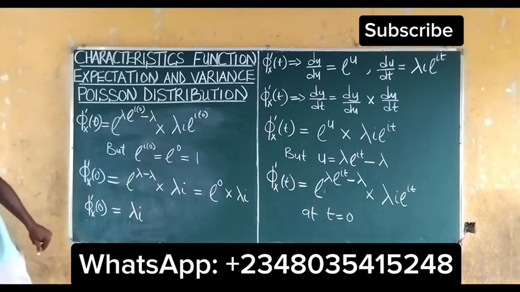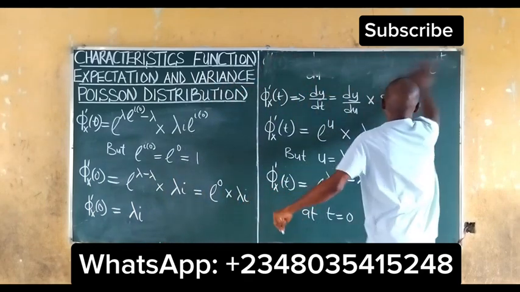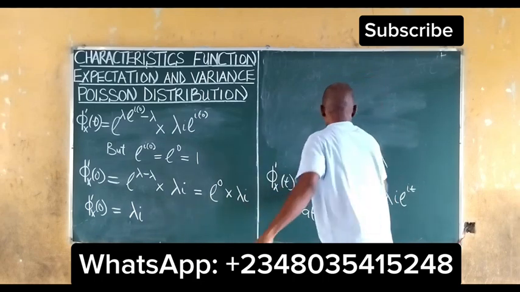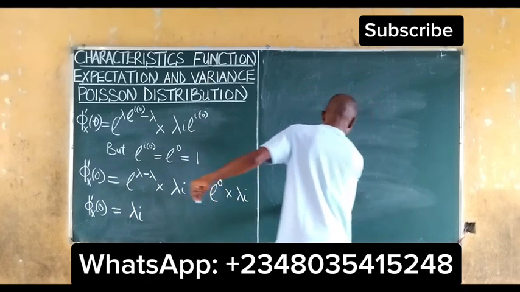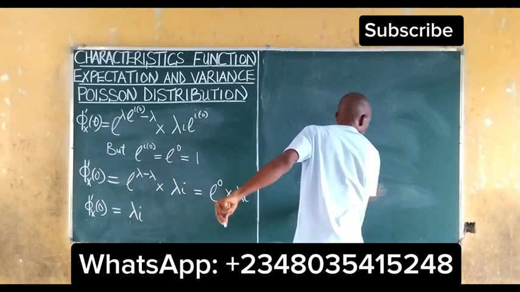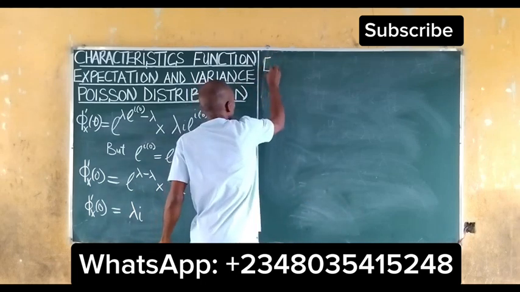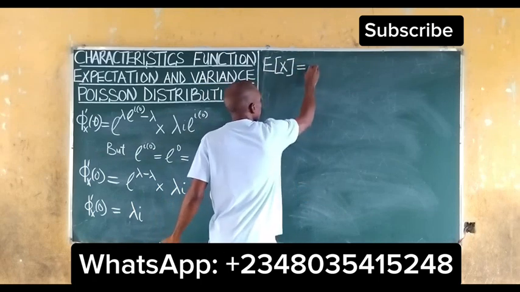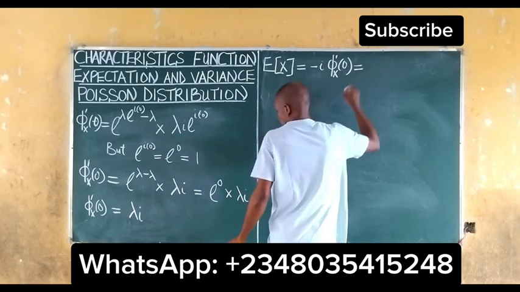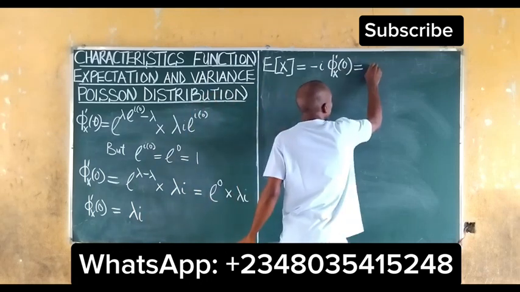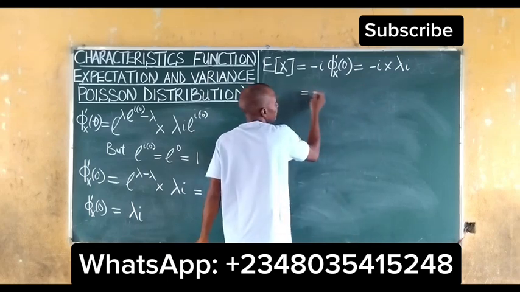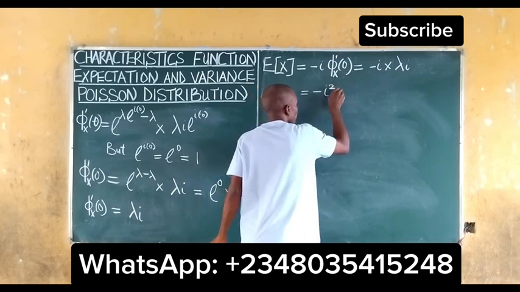Now, how do we remove the i? We go to where we write our expected value. The expected value of x is equal to negative i multiplied by the derivative at 0. Since the whole of this is lambda i, we have negative i multiplied by lambda i, which is the same as negative i squared multiplied by lambda.